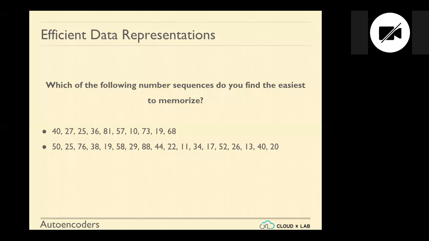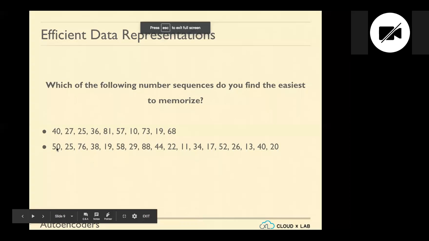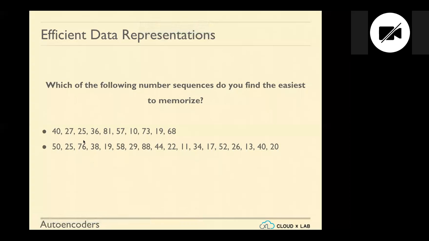Kamal says the numbers are halved. Okay, so 50 is halved. Then this one is, I think, 3 times. Then halved. Then halved.